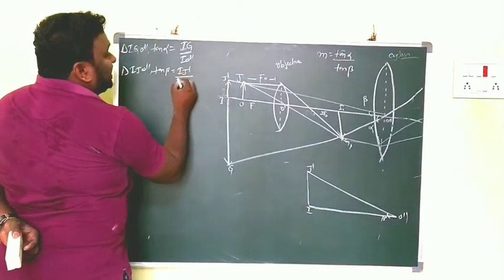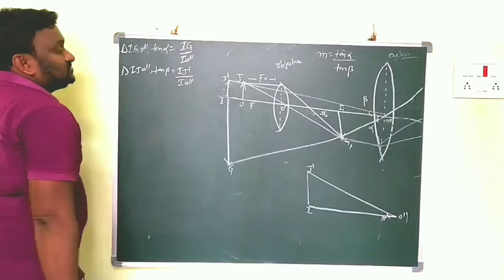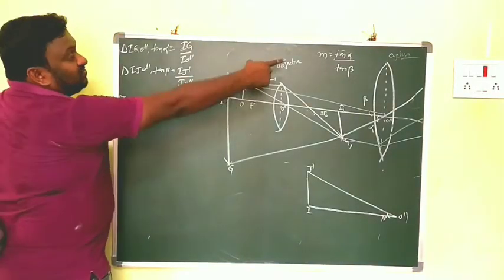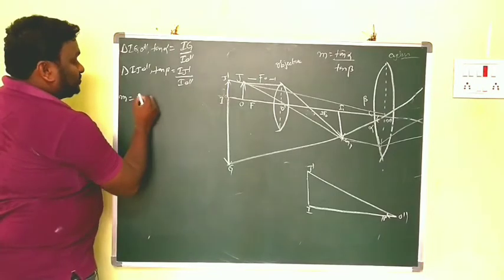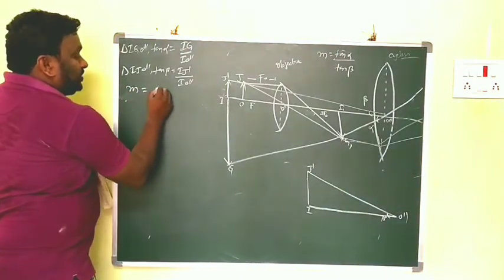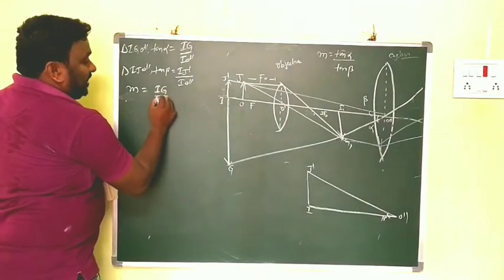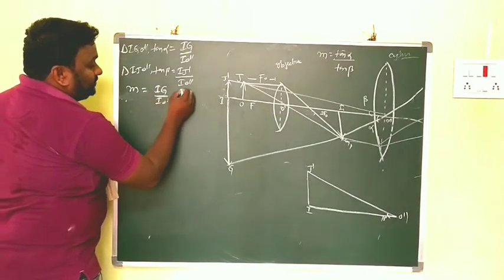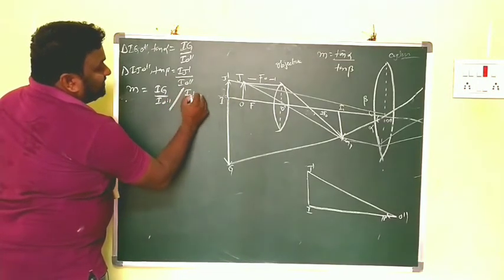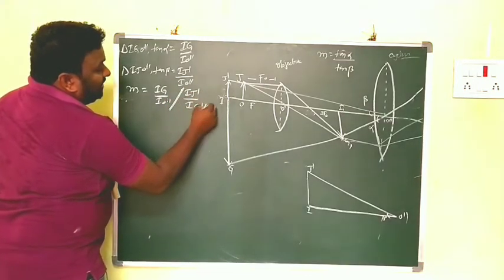Now we substitute in M equals tan alpha by tan beta: M equals IG by IO double dash divided by IJ dash by IO double dash.